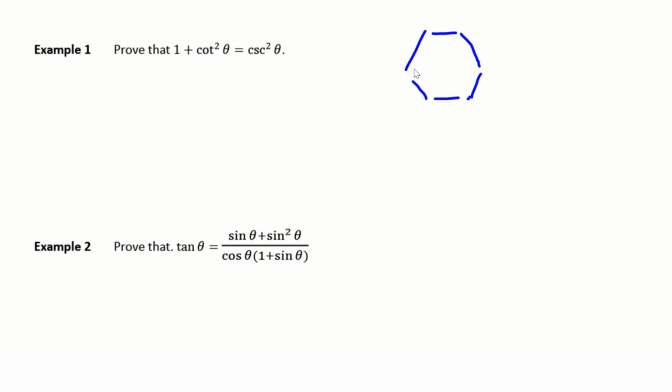But for this, it's an easy one. We are going to start from the very beginning. So we draw this hexagon and we start from tangent theta equals sine theta divided by cosine theta.